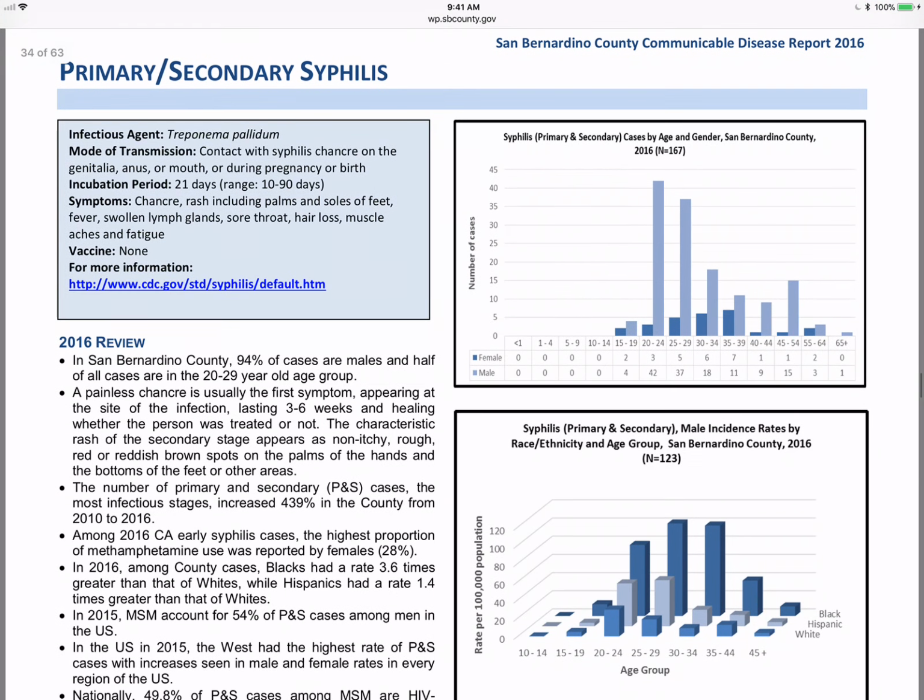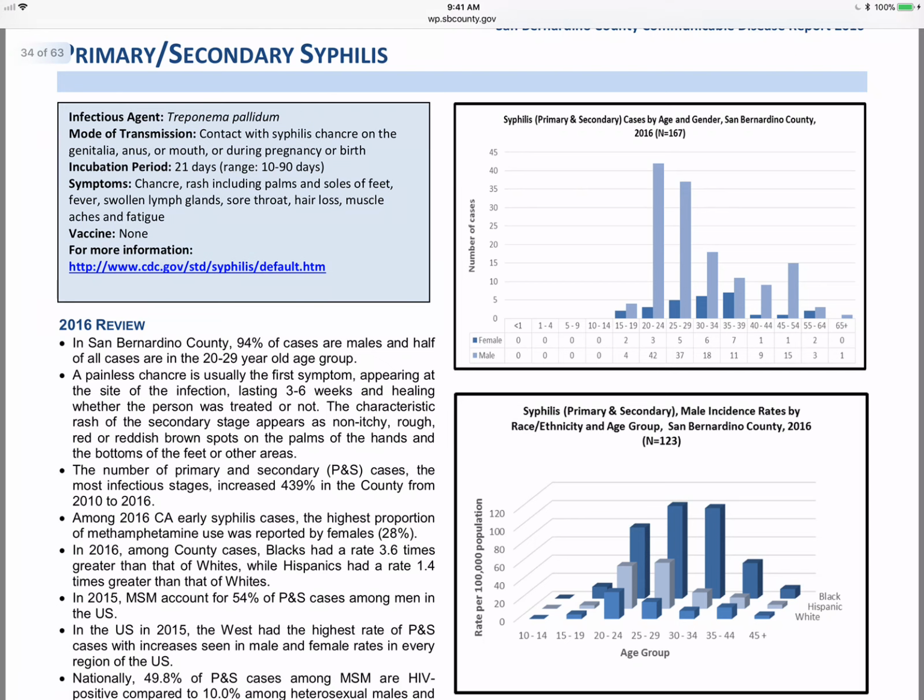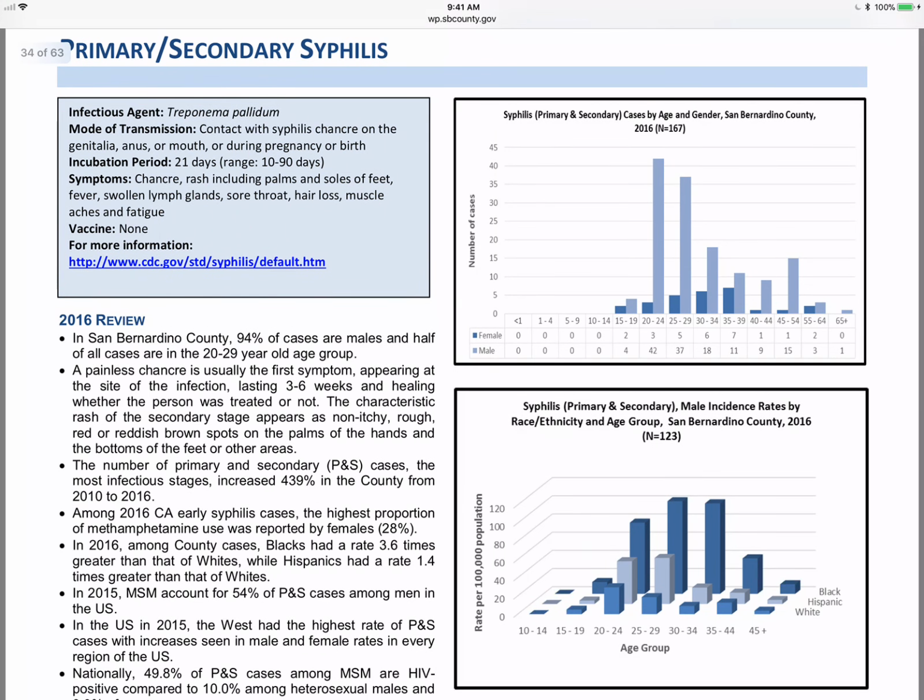And here's something that we've kind of had a good understanding of for quite a long time. Just the age distribution of certain things. Syphilis being a sexually transmitted disease.